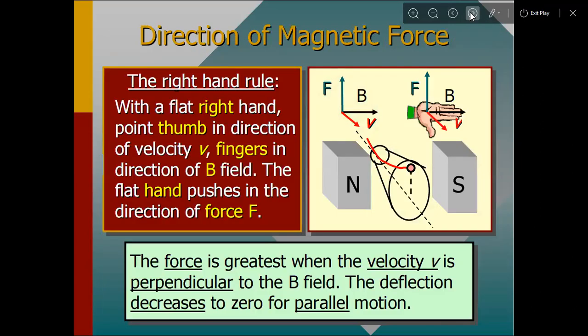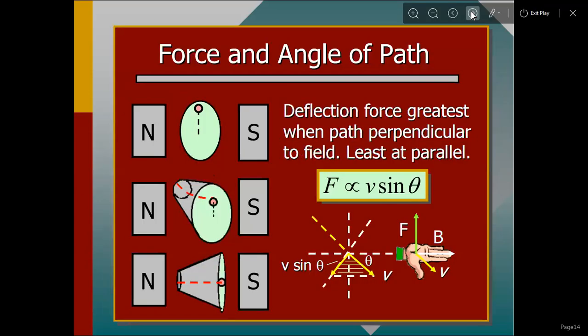The direction of magnetic force we can measure using the right hand method. Now force and angle: this deflection force is greatest when velocity is perpendicular to the field, and least when parallel.